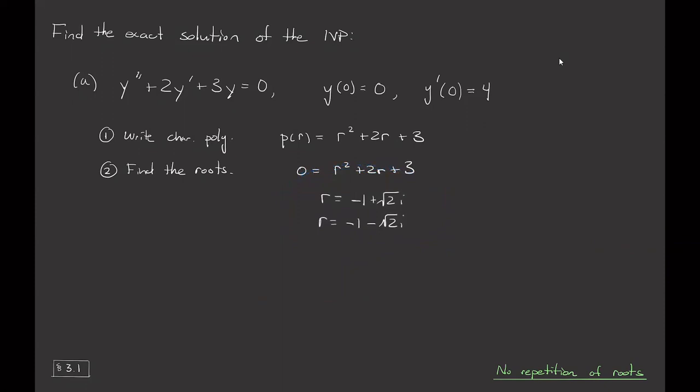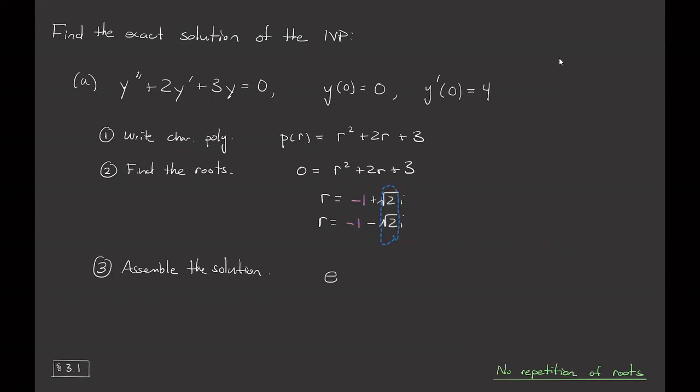Now for each one, we're going to get a solution term. So we assemble the solution. For each root, we get a term. The first term that we'll get is e to the, actually, let me color this. I think it's helpful to have color in this case.